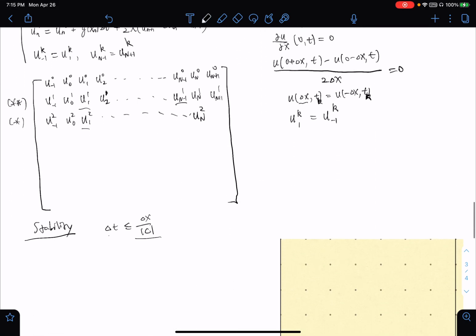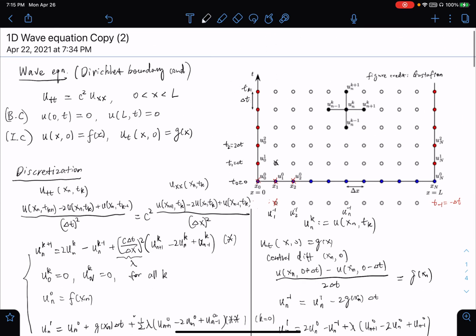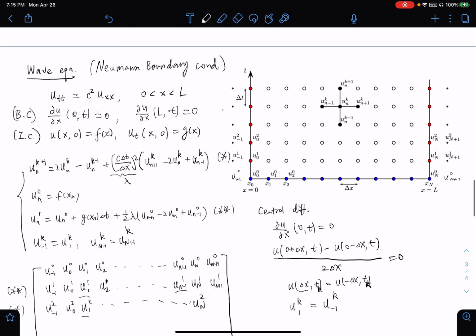So this concludes our discussion of solving the one-dimensional equation with different boundary conditions, and hopefully you know how to combine the techniques to solve, for example, the more general Dirichlet type of boundary condition, or more general Neumann type of boundary condition, where, for example, here it's not 0 but some other function alpha of t or beta of t.